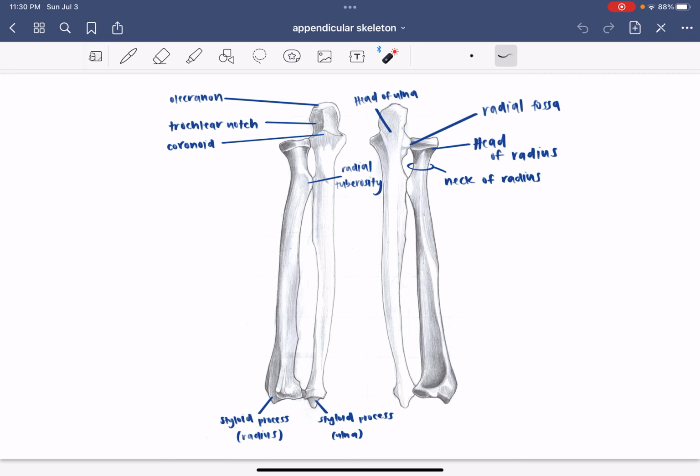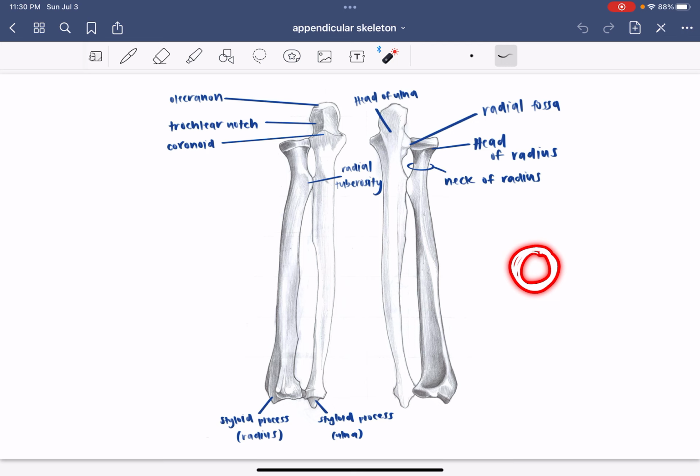Here is the radial fossa right here between the ulna and the radius that allows you to pivot the radius and the bones cross so that you can pronate and supinate your arm. Here is the head of the radius. The head of the radius can be identified by the fact that when you look from a superior view, it will look like a circle.